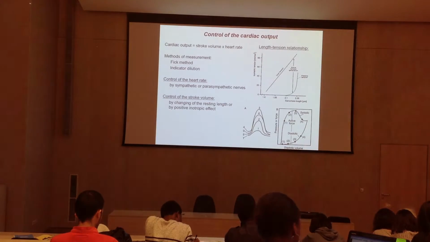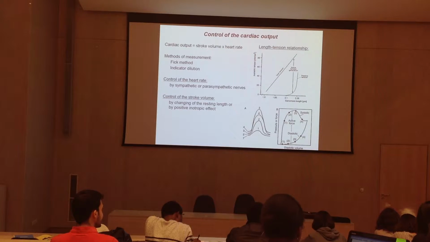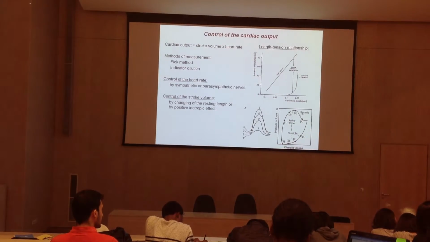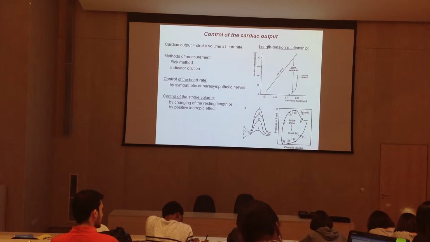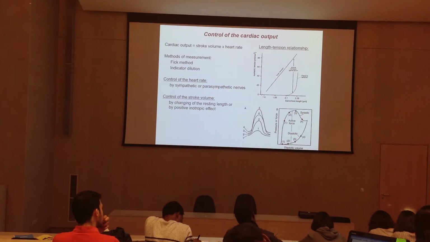Now, another complicated question. How can the ventricular muscle fiber increase its resting length? What will determine how large the resting length is? The answer is very simple. If the filling volume is larger and larger, the ventricle will be larger and larger, and the muscle fibers will be more and more stretched.